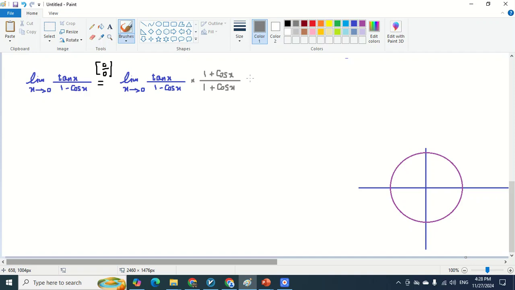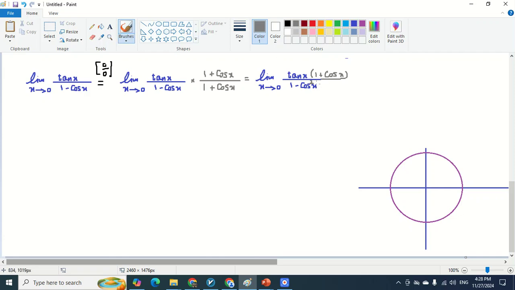By multiplying, we have the following expression: at the numerator I multiplied by 1 plus cosine x, and at the denominator, because it's the conjugate of 1 minus cosine x, the result will be 1 minus cosine square of x.